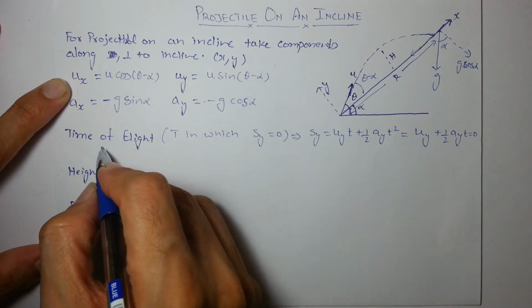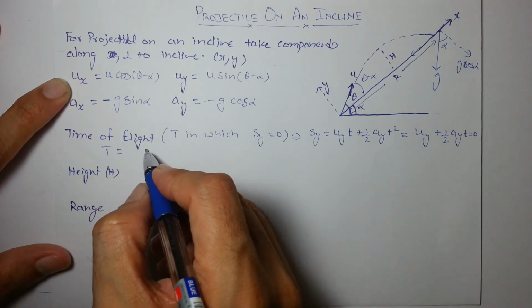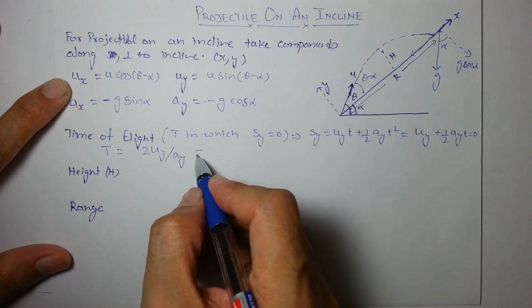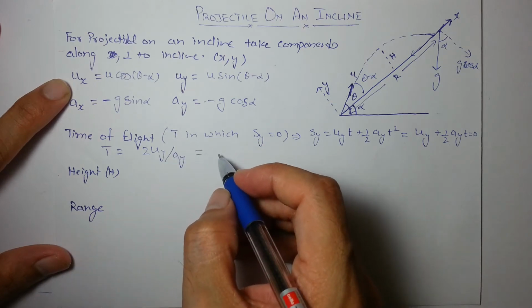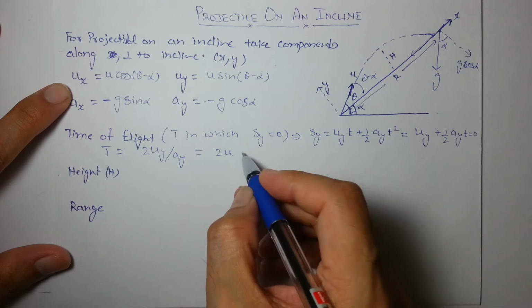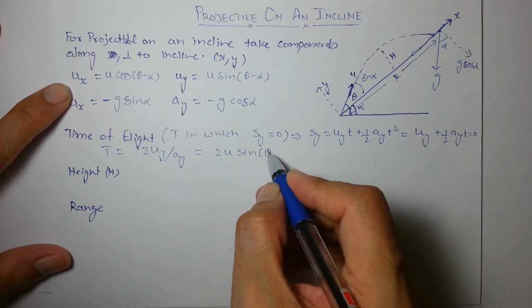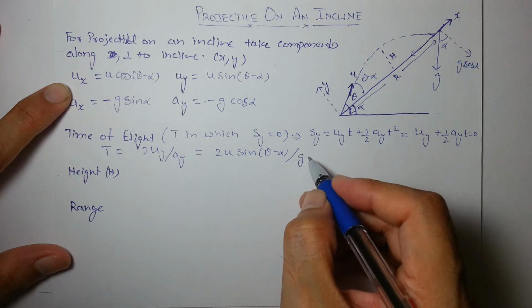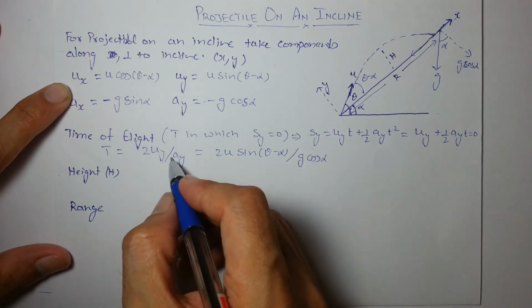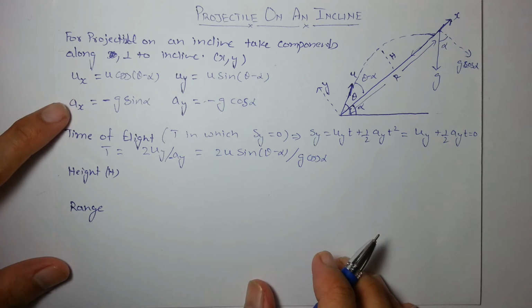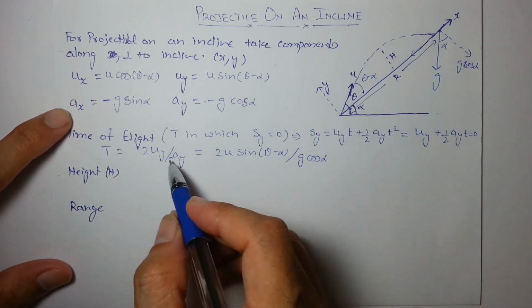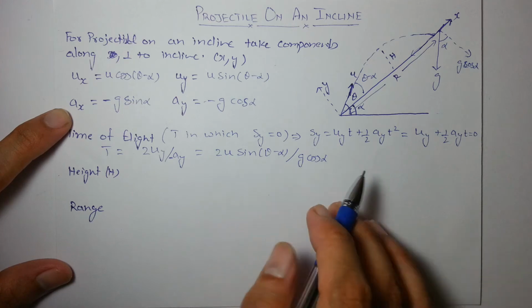So time of flight is nothing but minus 2 uy by ay. Putting the values, we get the expression as 2u sin of theta minus alpha by g cos alpha. Obviously ay will be with a minus sign. So we get these parameters in time of flight.